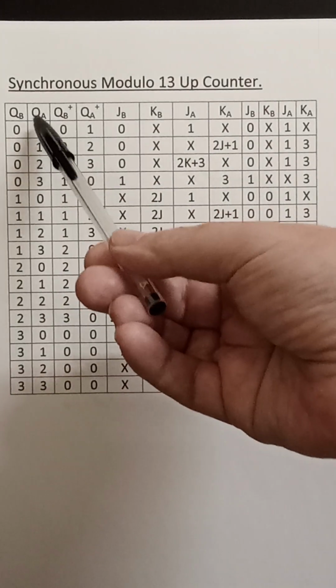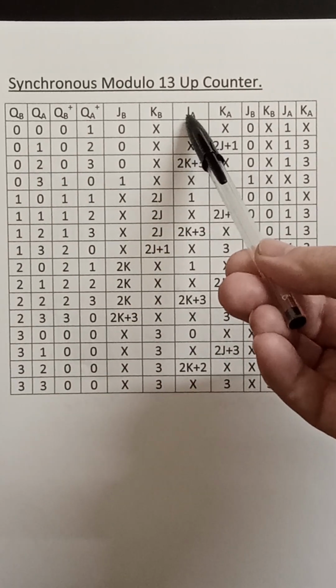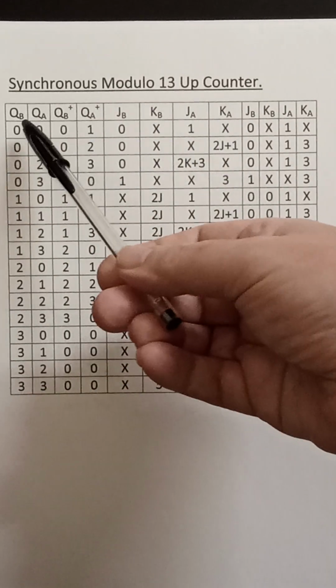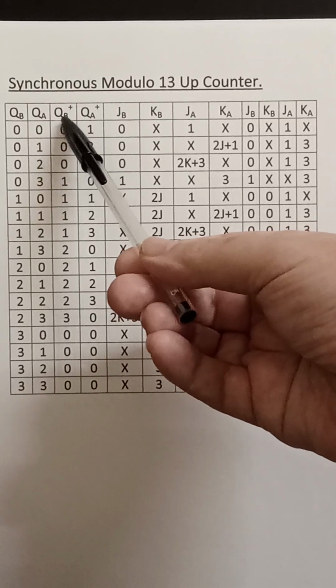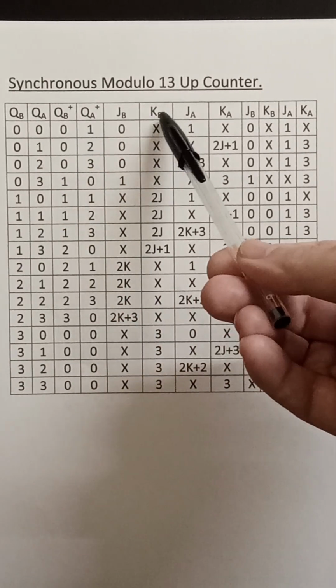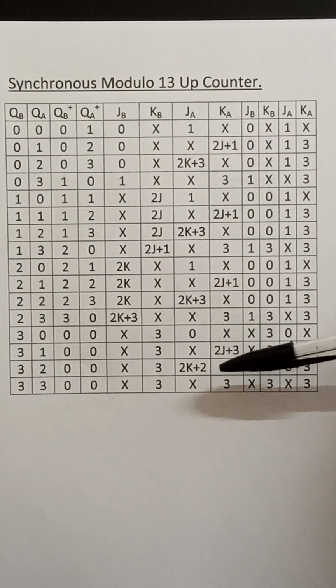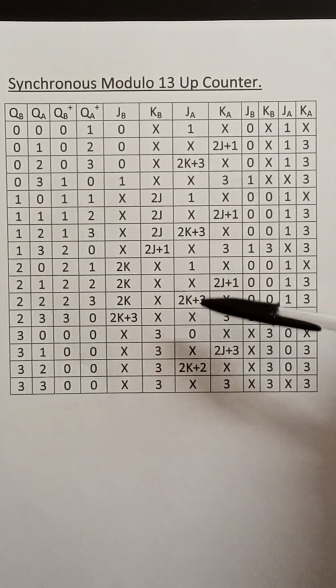QA and QA plus have inputs JA and KA. QB and QB plus have inputs JB and KB.